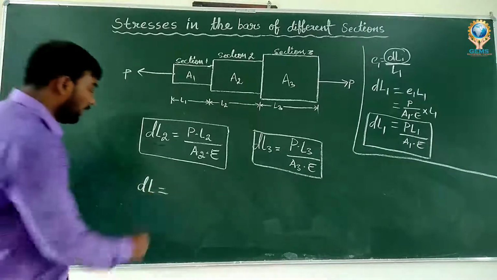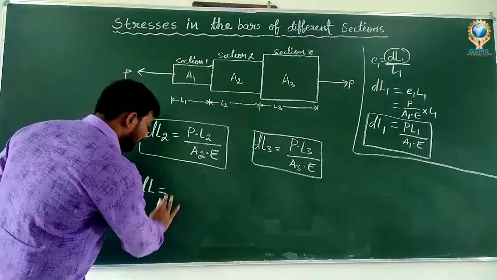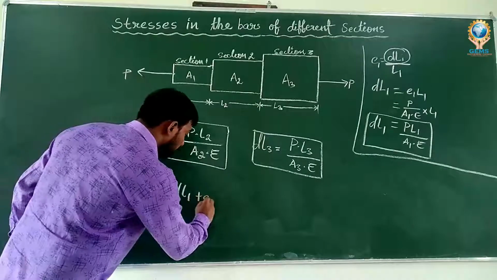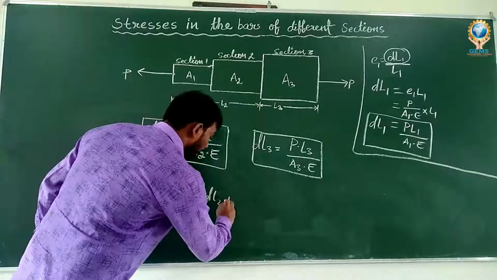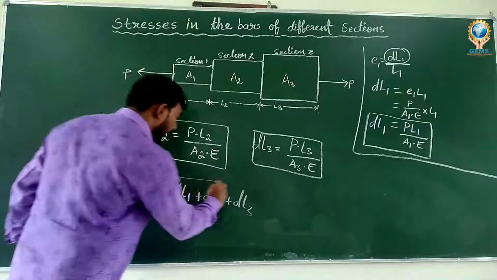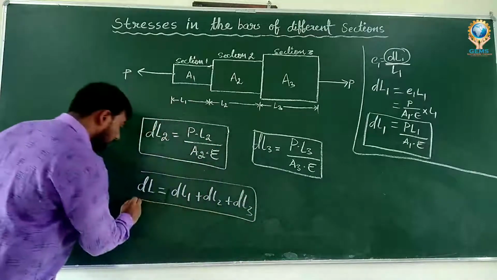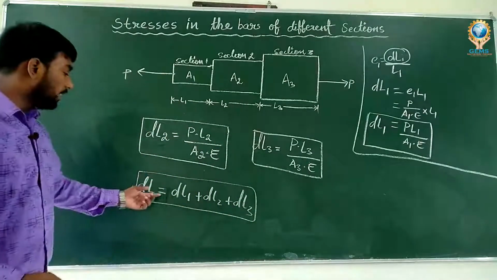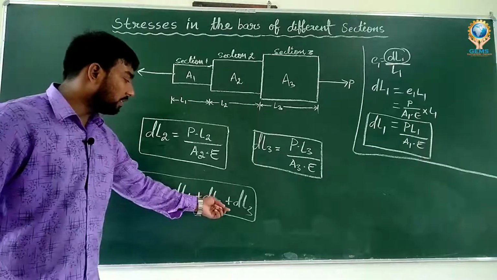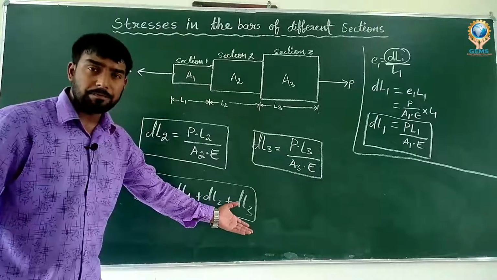How will it be added? DL1 plus DL2 plus DL3. Understand how it will be added? Total extension, how will we find? DL is equal to DL1 plus DL2 plus DL3. Understand?